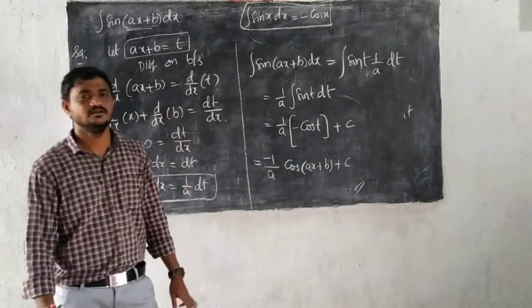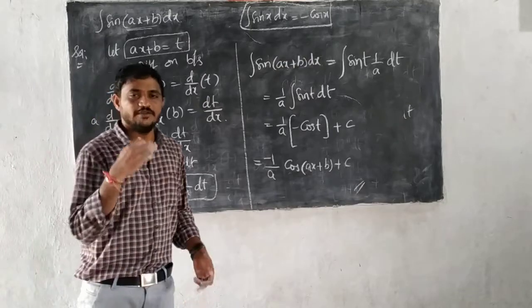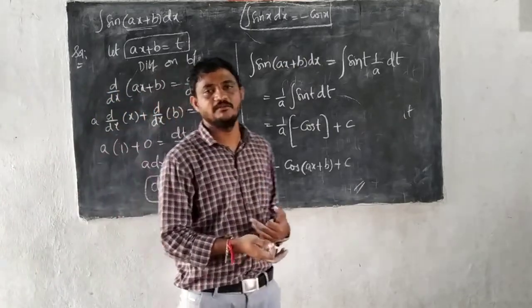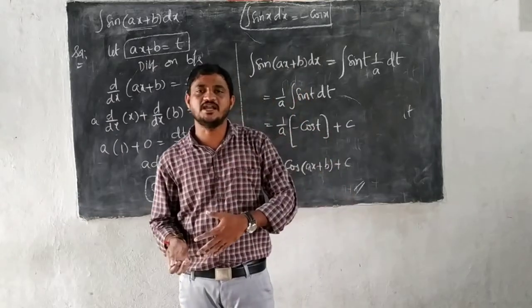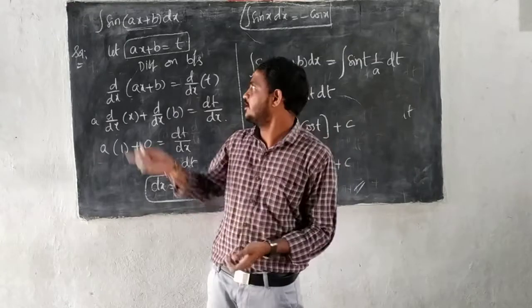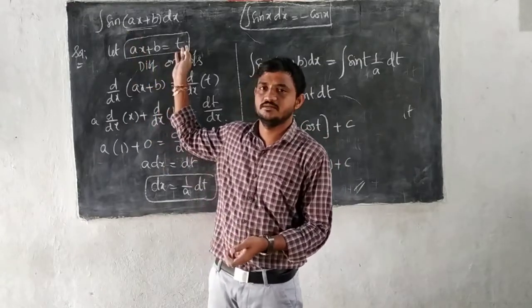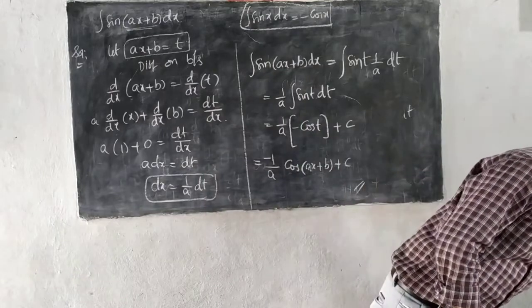So that is the integral of the given function. If the given function is not in standard form, we have to convert it into standard form by using the method of substitution.